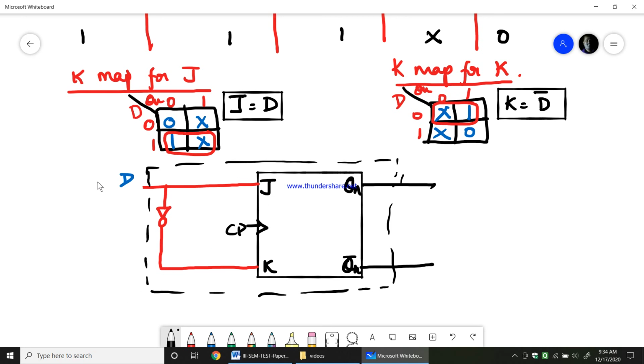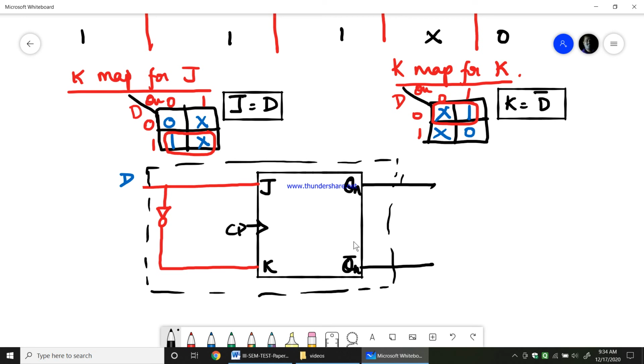Okay, J is D and K is D bar, and D is the input. Now this complete box which I have written will now behave as a D flip flop. So this is how you convert one form of flip flop to any other form of flip flop.